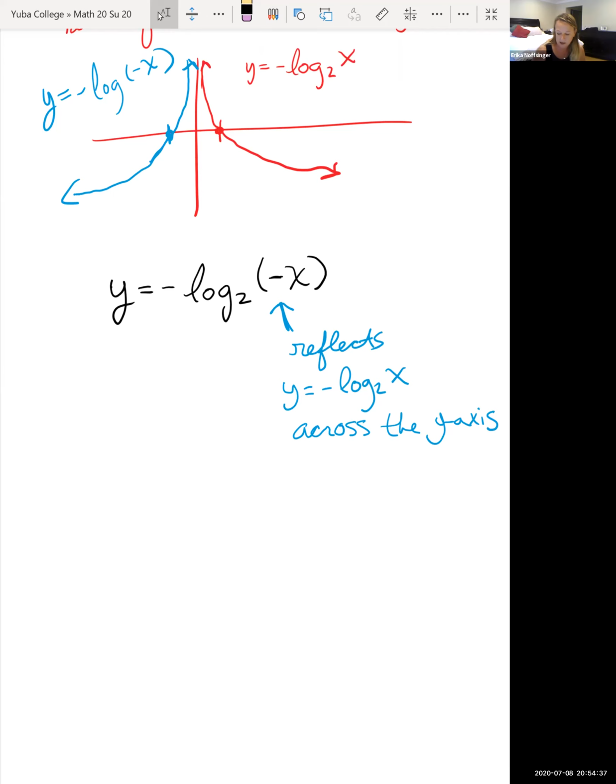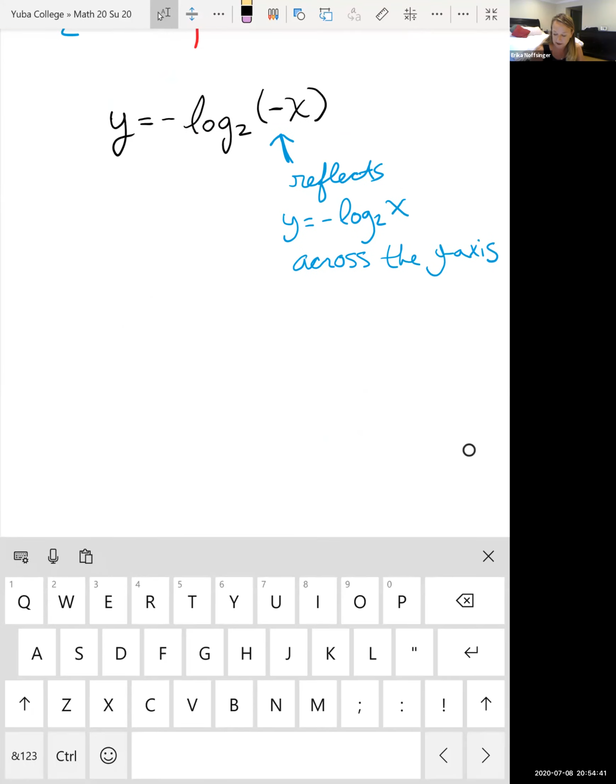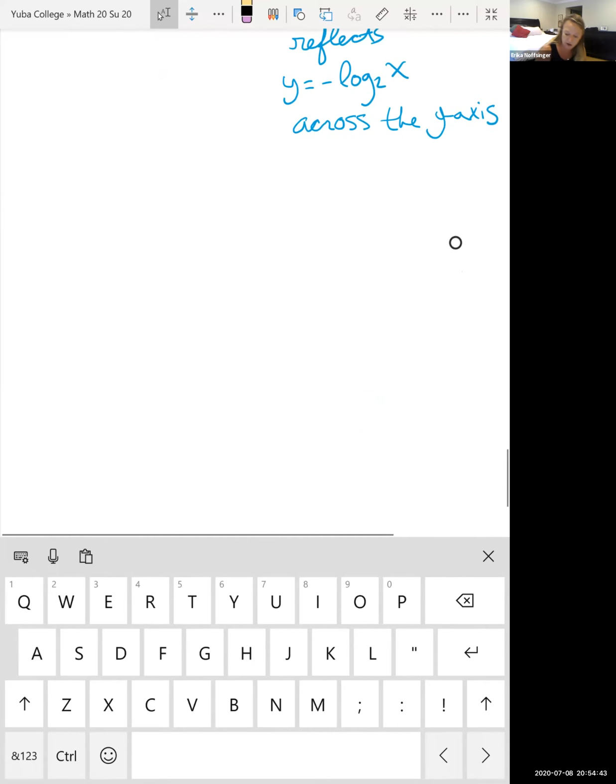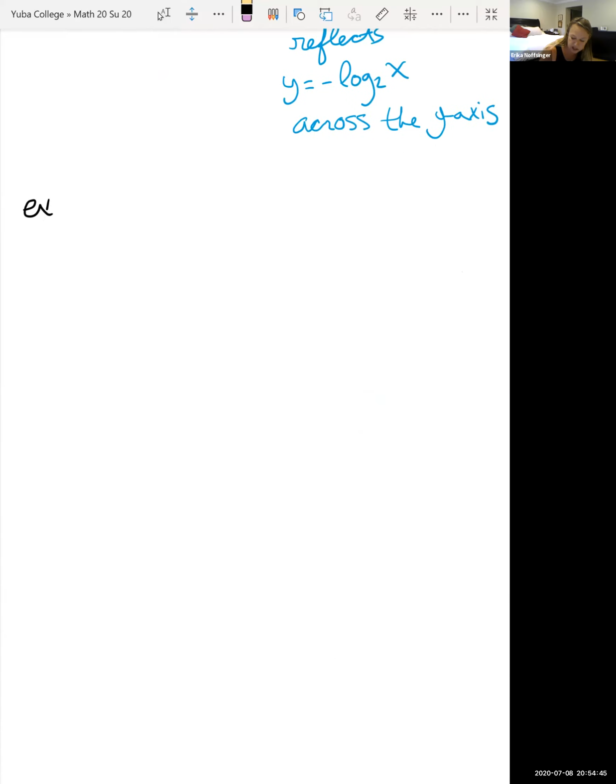Okay, so we were looking at logs and we were trying to figure out what exponent gave us the base. But you should be able to solve a log equation where the unknown is other than what it's equal to. So for instance, if you had log base 5 of x equals 3.